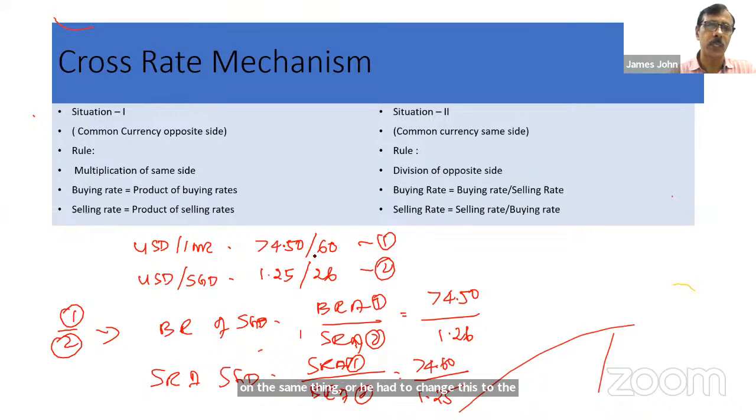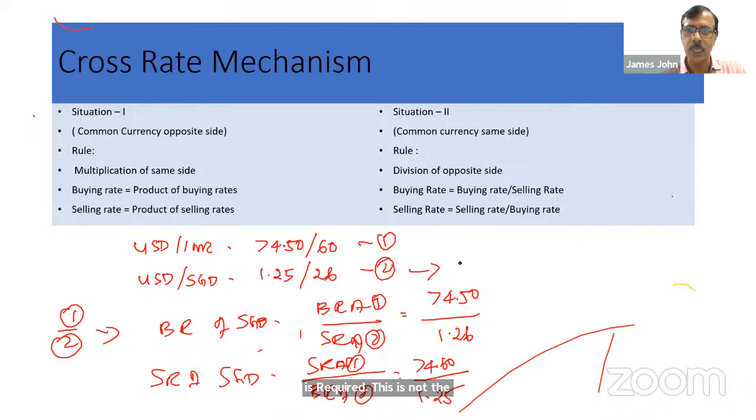That means in the first situation, you have to convert it to a common currency on the opposite side by reciprocating it. If you reciprocate it, then this also you have to reciprocate. And when you reciprocate, the buying should come to the selling and the selling should come to the buying. This is not required for you at this moment, for your JAIIB. It is required for BFM, CAIIB.